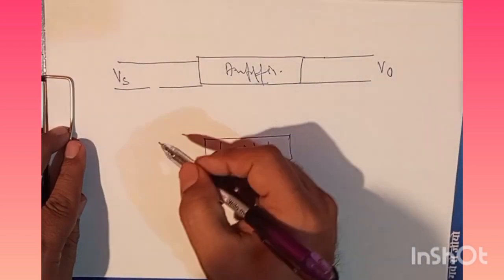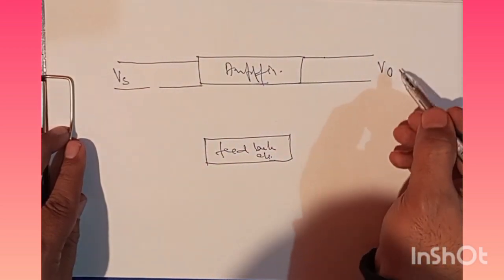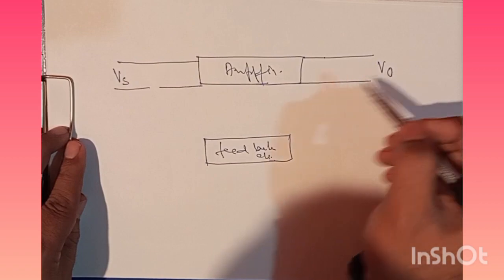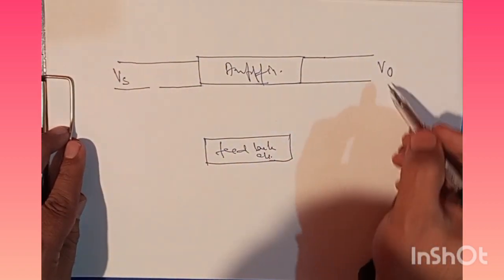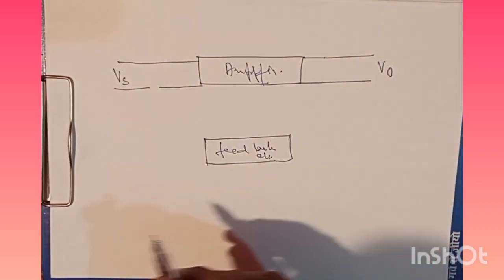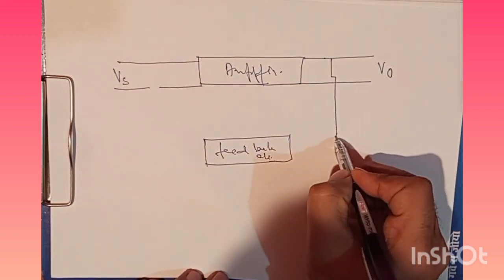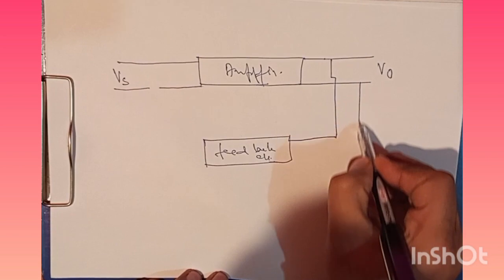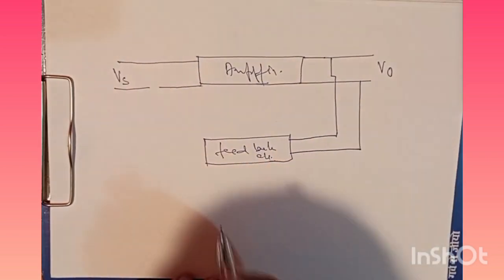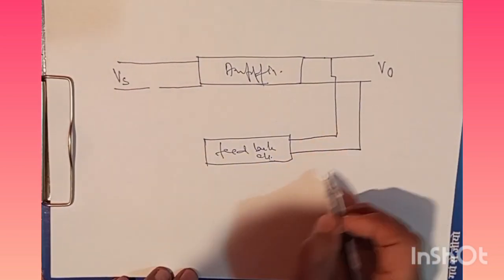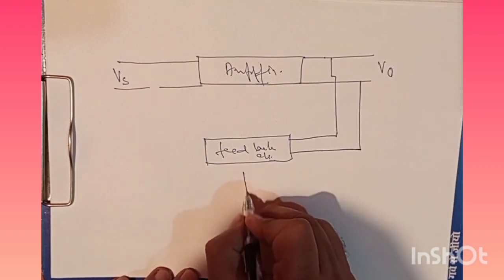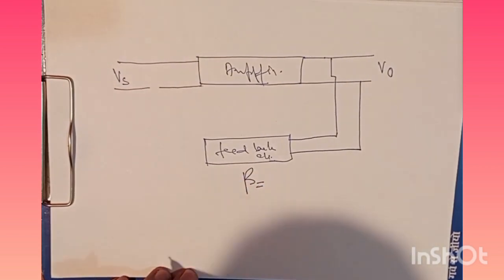in the absence of feedback, and that gain is the ratio between the output voltage and the input voltage. Now, if I subject this to the feedback circuit, here we have V out, and then we have beta here. Now this beta is the feedback ratio.